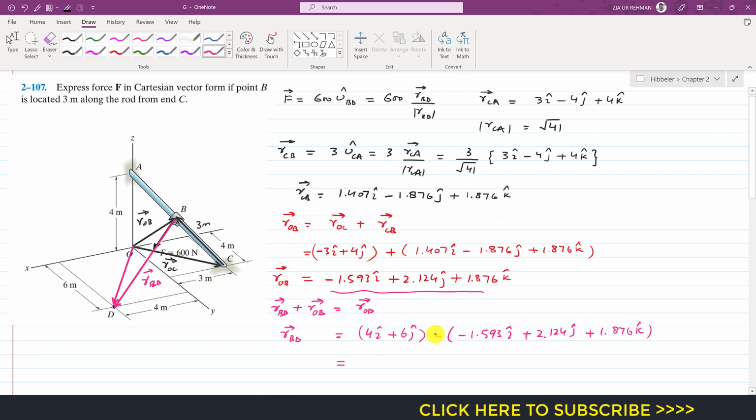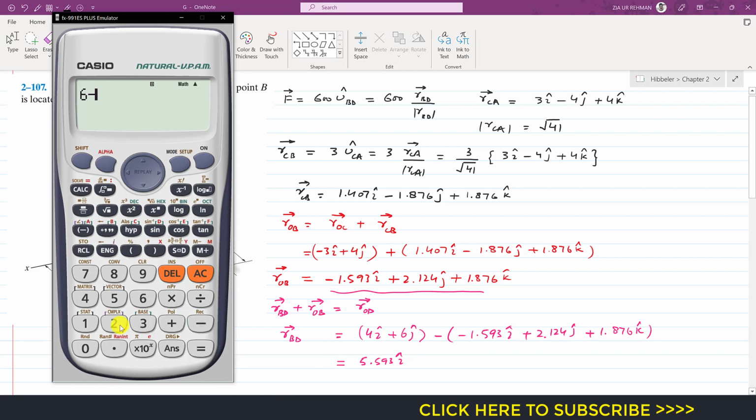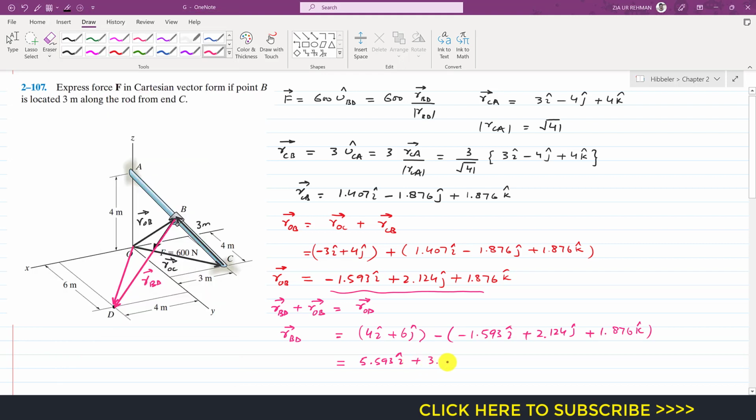So this is 4 minus into minus, plus 1.593, so this will become 5.593 I, and this will be 6 plus into minus 2.124. So this is 6 minus 2.124. This is 3.876 J, and then plus 1.876 K.